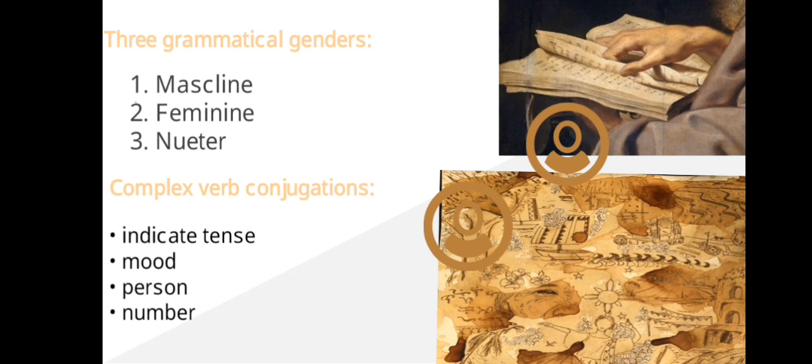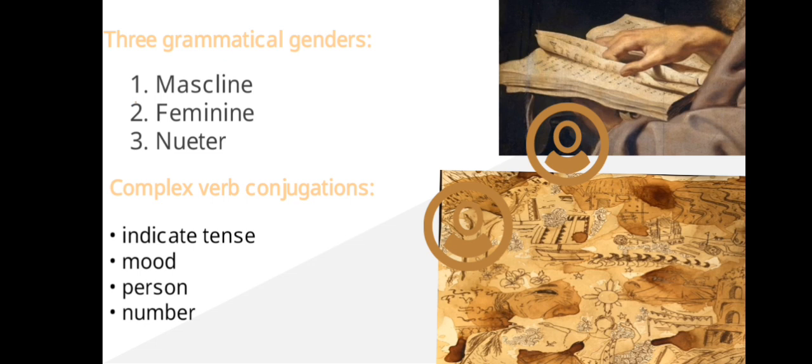Forgive me for some errors in the spelling. So now let's move on to masculine. It refers to nouns typically associated with male beings or adjectives with masculine characteristics. Second one is the feminine.